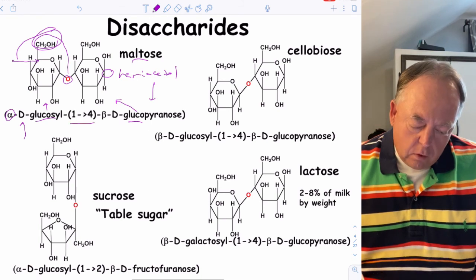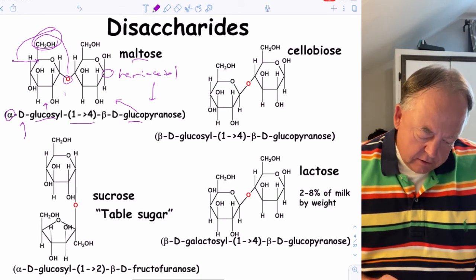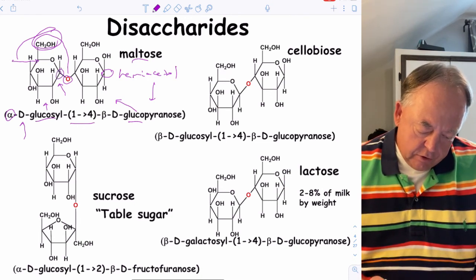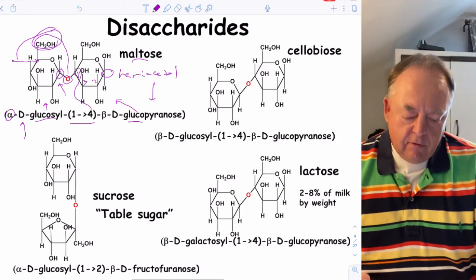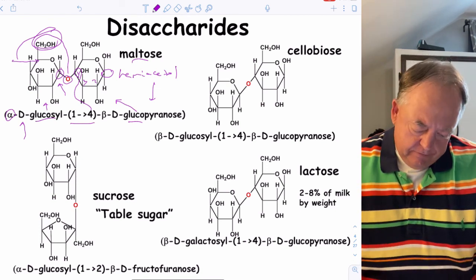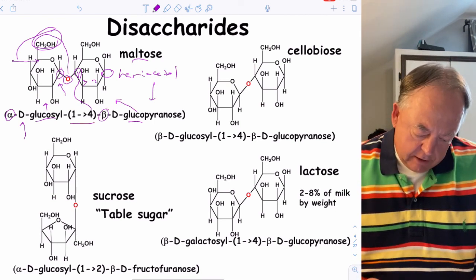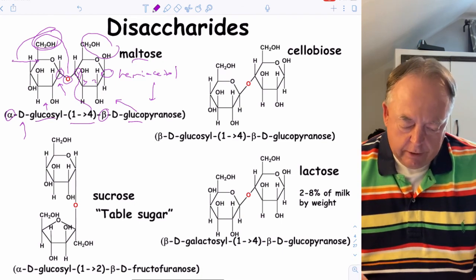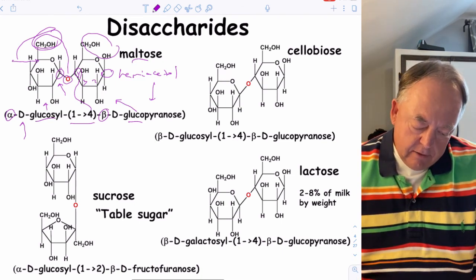This 1,4, what does that mean? On this carbohydrate, carbon number 1 is where the linkage occurs, and on this carbohydrate, counting 1, 2, 3, 4, the linkage is at carbon number 4. So it's a 1,4 glycosidic bond. And beta, because this OH at the hemiacetal carbon and the CH2OH are cis to each other.